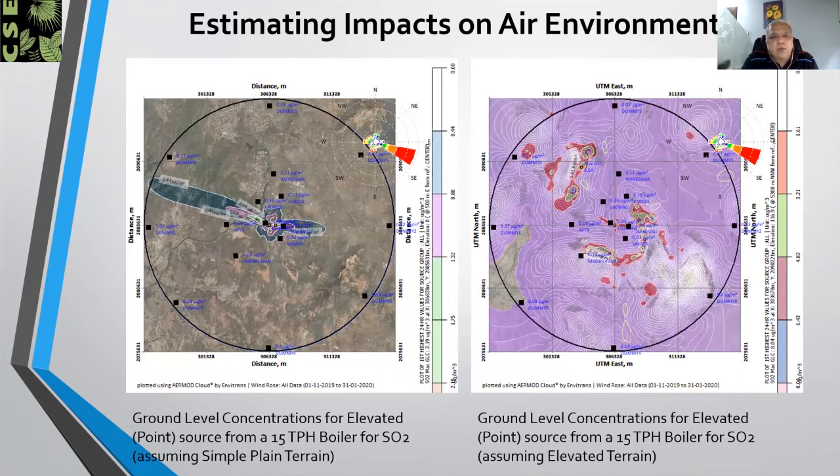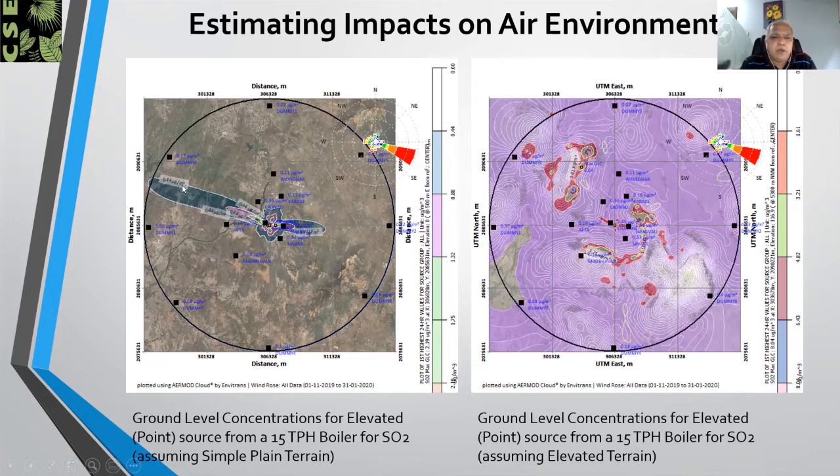Now, these are the two outputs of sulfur dioxide from a 15 tons per hour boiler, which is based upon furnace oil. And if you see here, the wind rose of that area has been shown on the corner, which shows the wind blowing from which direction. So principally, the wind is blowing towards this direction. And in this particular area, we have a wildlife sanctuary very near to the project.